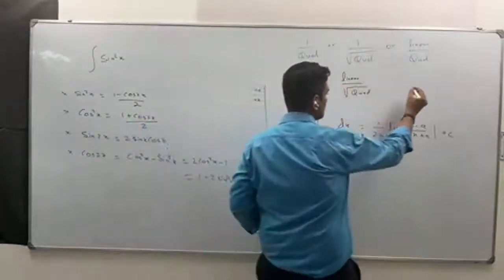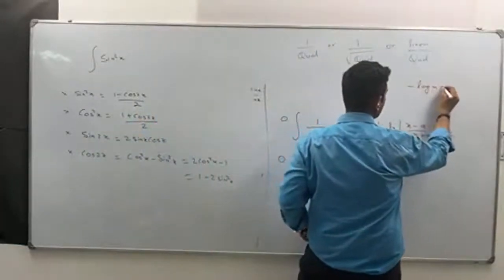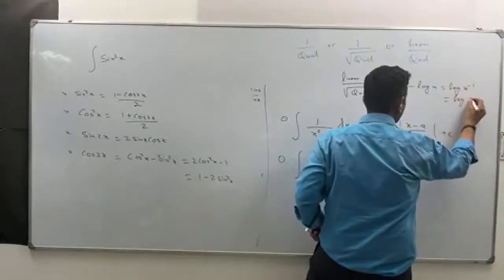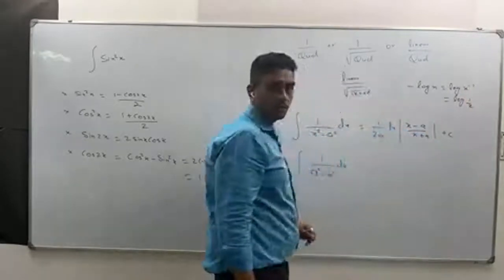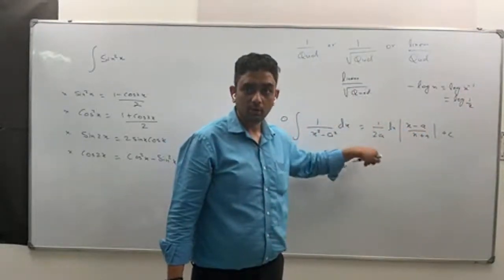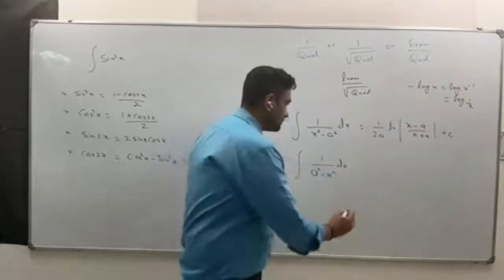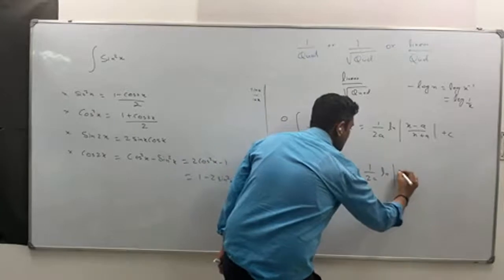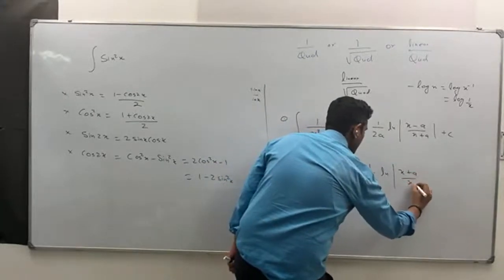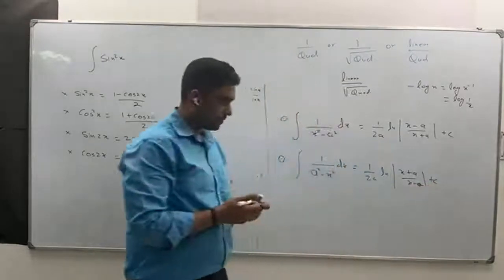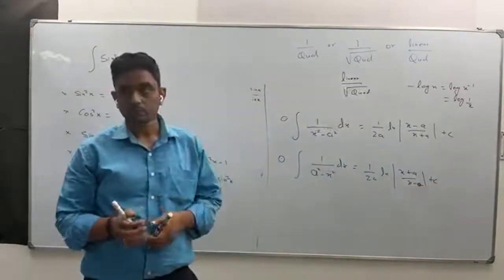What I'm trying to say is minus log x is log of x power minus 1, which is nothing but log of 1 by x. This is the property of log. So that is the only difference between these two. Remember one formula, the other is automatic. So what should be this formula? 1 by 2a. Correct. ln of x plus a upon x minus a plus c.